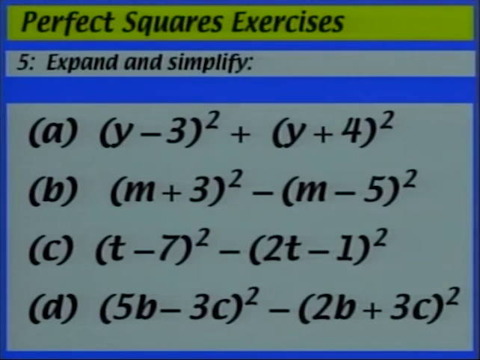Then you subtract 2b plus 3c squared from 5b minus 3c squared. The answer you should have is 21b squared minus 42bc.